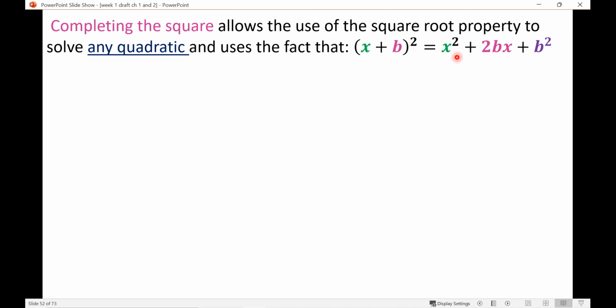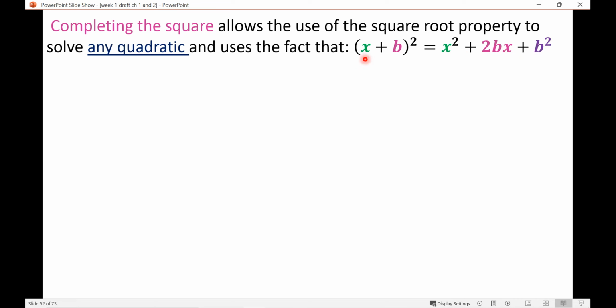But to factor into a perfect square, we need our constant term to have this relationship to our coefficient here, right? Namely, whatever the coefficient on x is, if you divide it by 2 and square it, that needs to be what our constant term is.